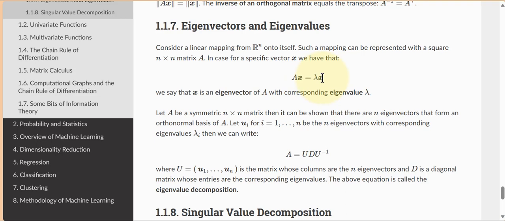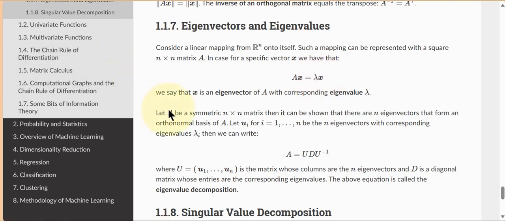So in other words, when we multiply a matrix times x, it will give us some other vector, but if that other vector happens to be just a multiple of the original, then that x is called an eigenvector for the matrix A, and the scalar that it's a scalar multiple of is called the eigenvalue. So this lambda here is called the eigenvalue.